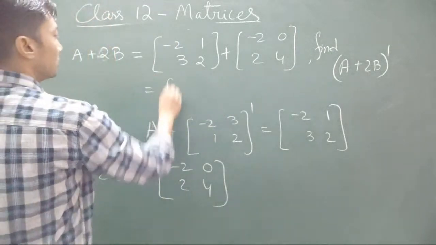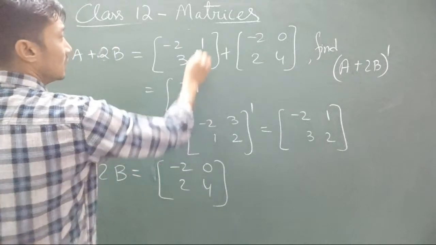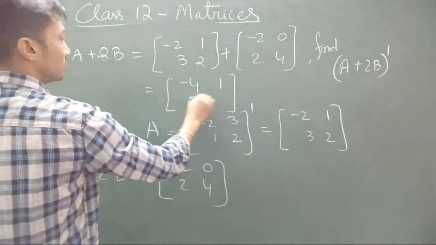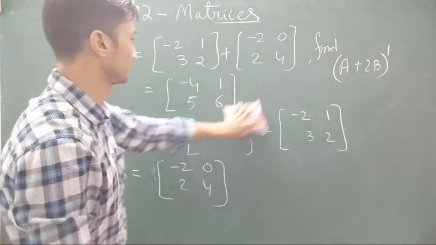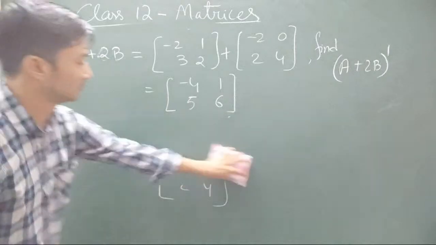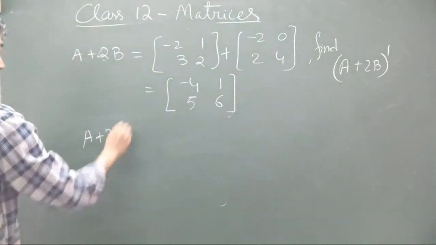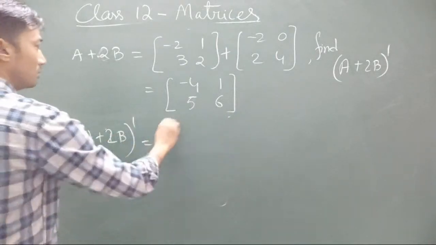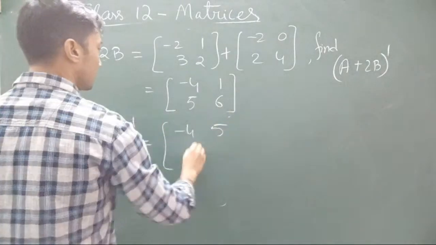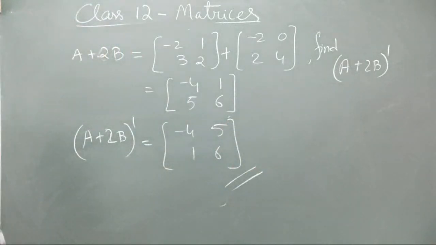So this matrix will be minus 2 plus minus 2, 4, 1 plus 0, 3 plus 2, 2 plus 4. So the transpose of the matrix A plus 2B will be minus 4, 5, 1, 6.